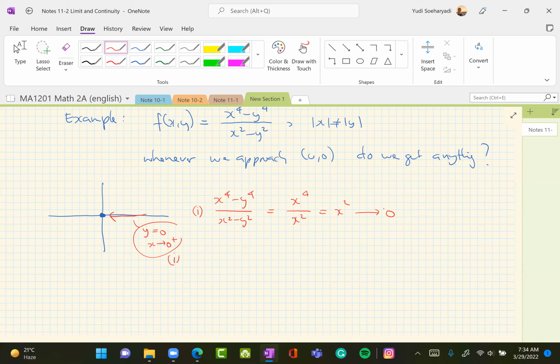And now when you approach from this direction, this is x equals 0, y going to 0.